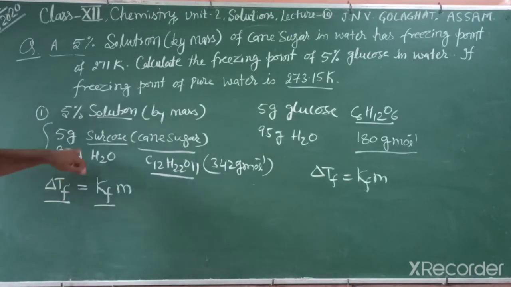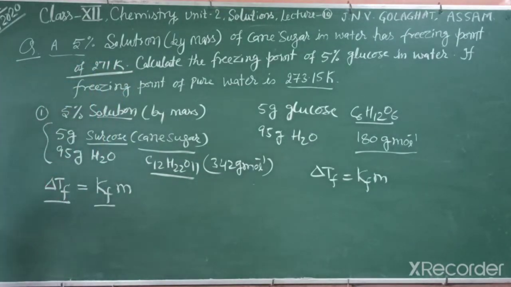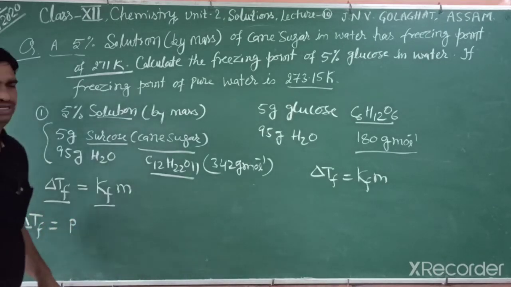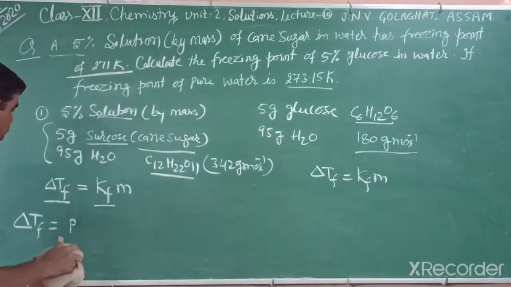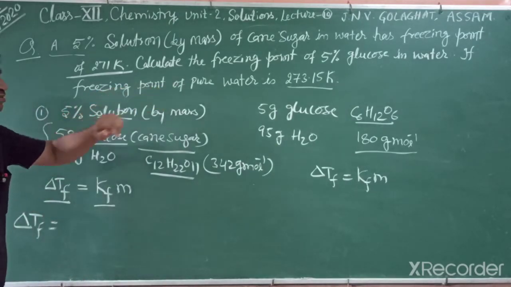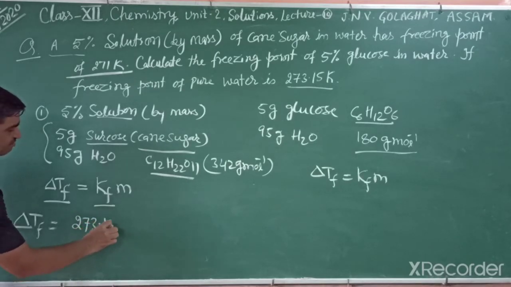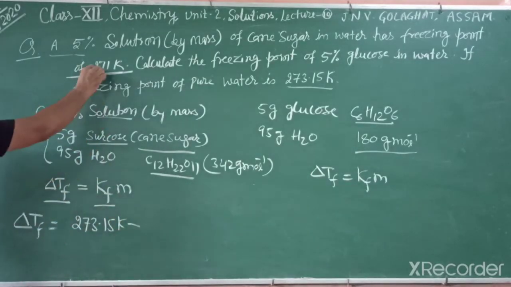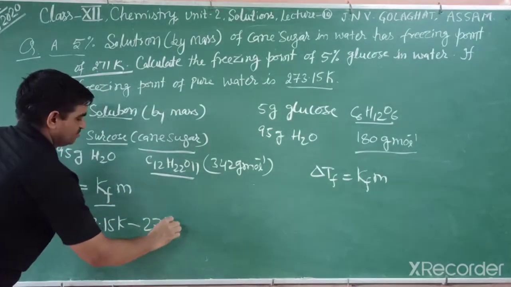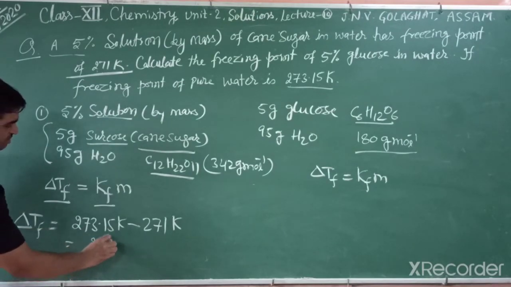Delta Tf is the pure freezing point minus the solution freezing point. The freezing point of pure water is 273.15 Kelvin minus 271 Kelvin. The difference is 2.15 Kelvin.